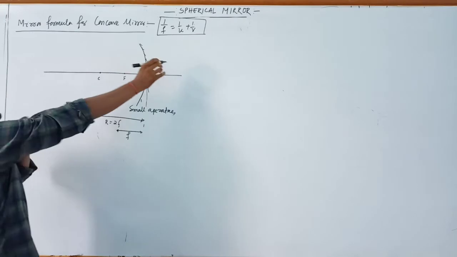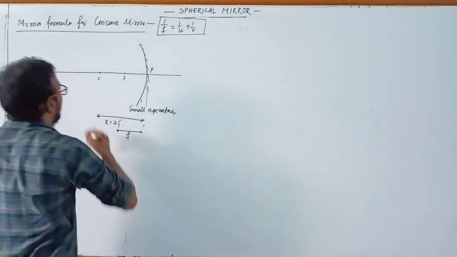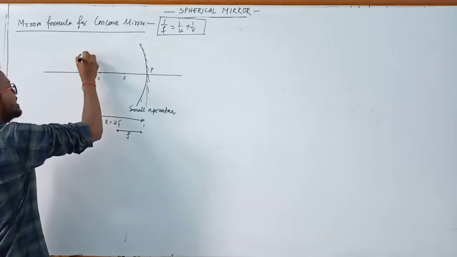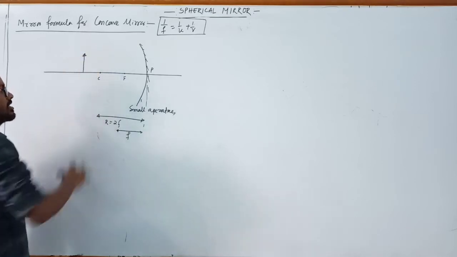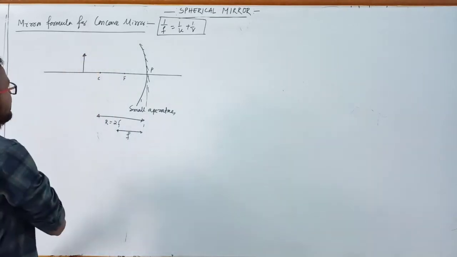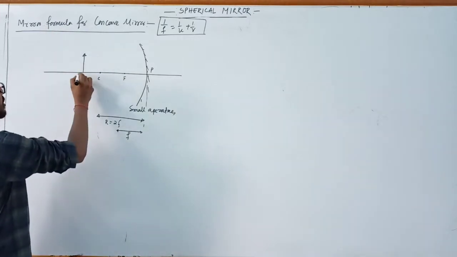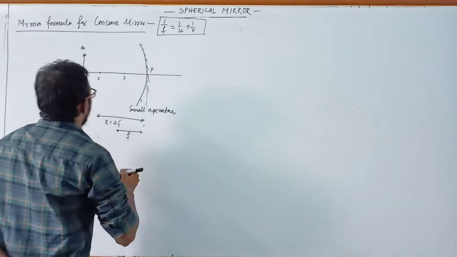Suppose there is a paraxial ray, the ray coming from an infinite source. Suppose there is an object, known as a length object because it has length, and the length object is perpendicular to the principal axis and above the principal axis. Suppose this object is AB.